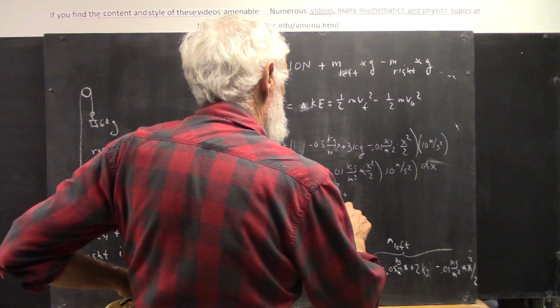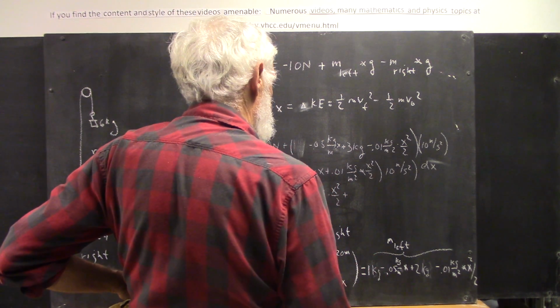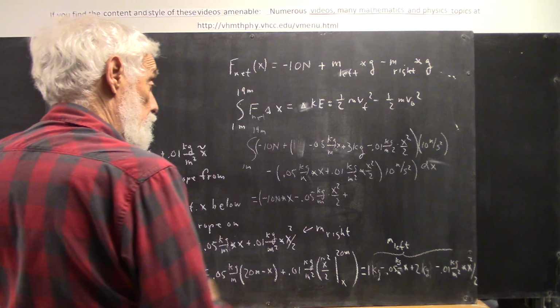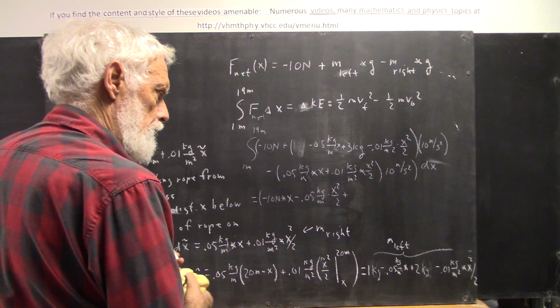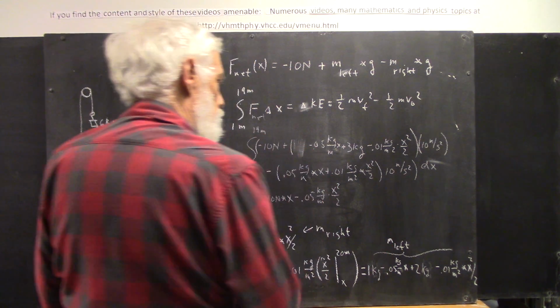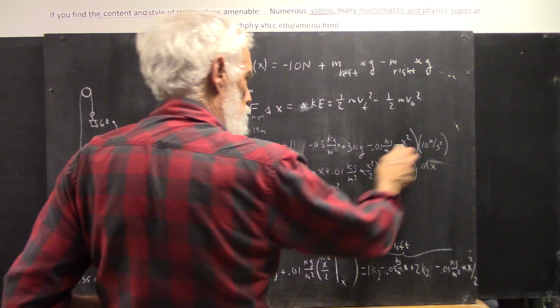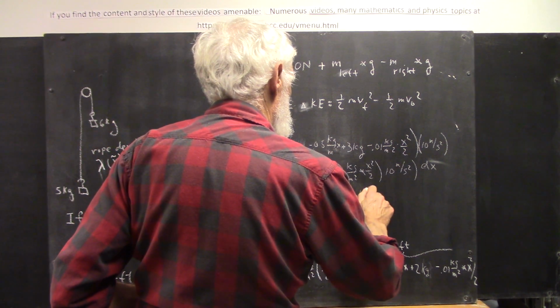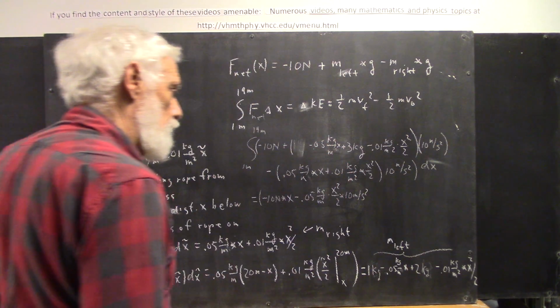We're going to have, okay, we have a multiplication. Again, units aren't working out. Moving ahead of myself. This is then times our 10 meters per second squared.